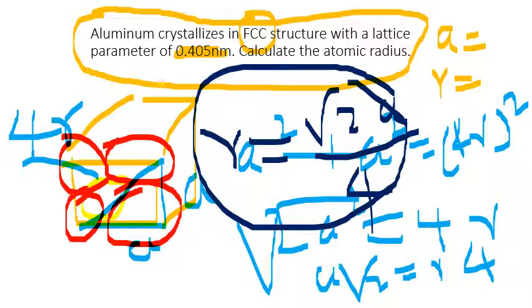So substitute the given A here, and easily we will get R in terms of nanometer. These are the basic things needed to calculate the relationship between A and R. So we'll see how exactly we are going to calculate this.